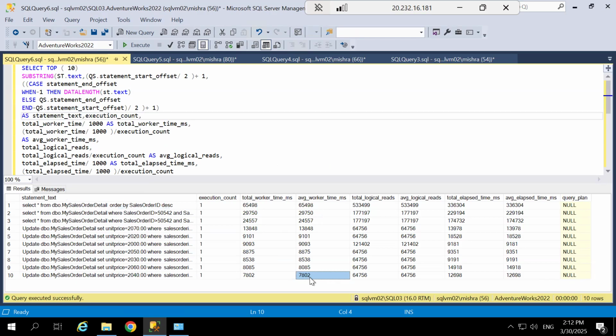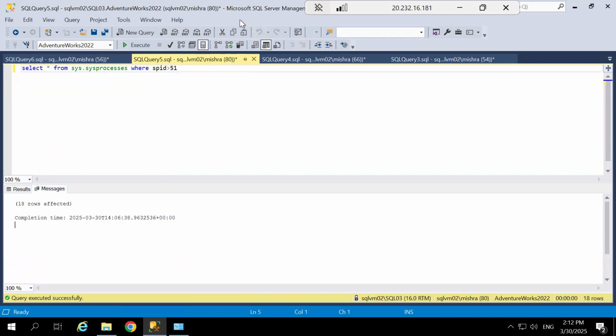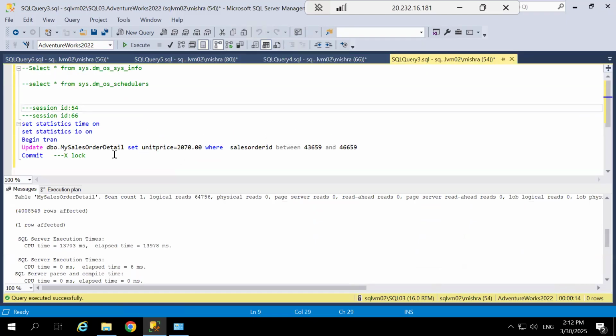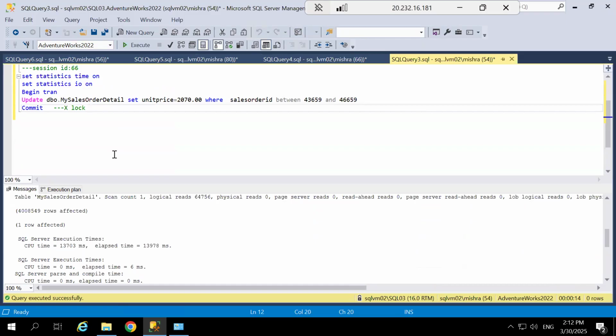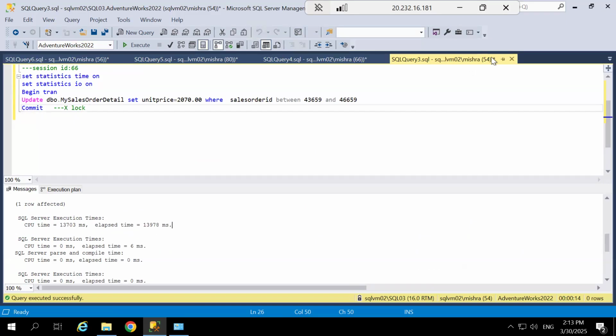So it should be close to the elapsed time. 7802, where this value is matching. This was for the waiting one, and this was for this query. This is even bigger. 54. 66.